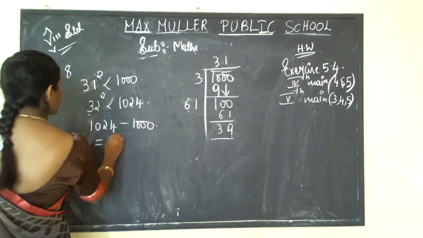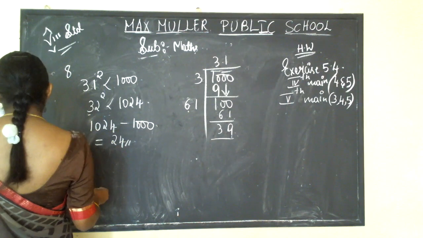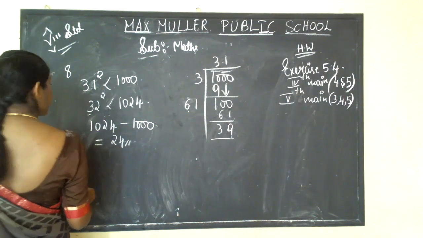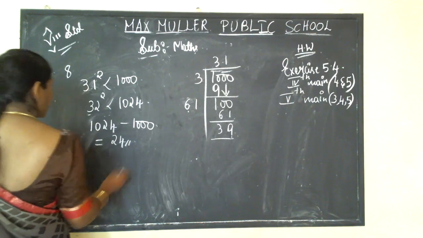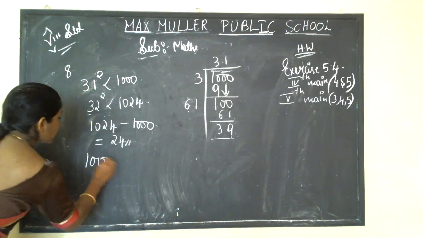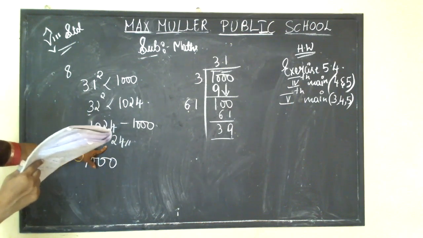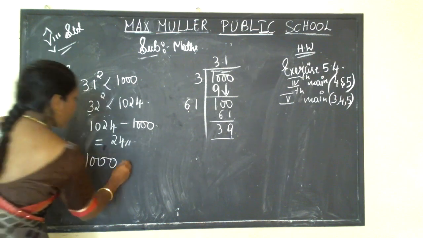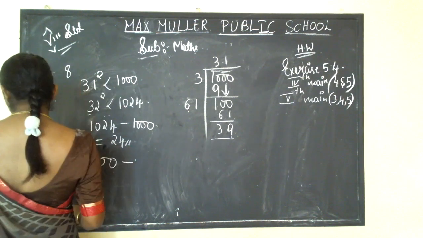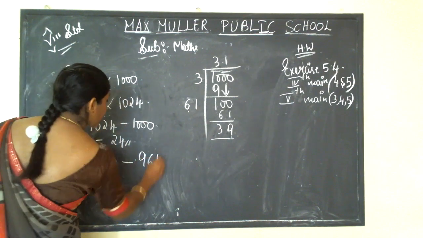Actually the number to be added is 24, and the actual number is 1000. 31 square is 961.